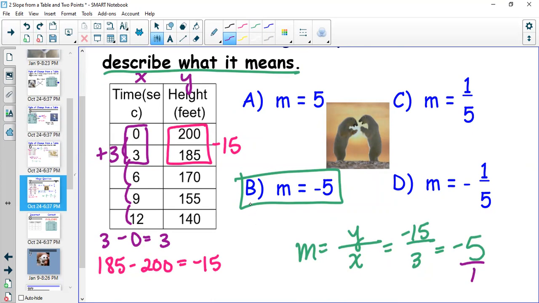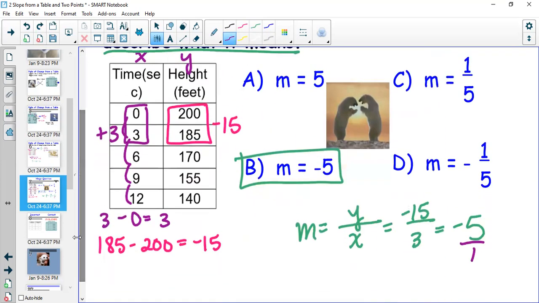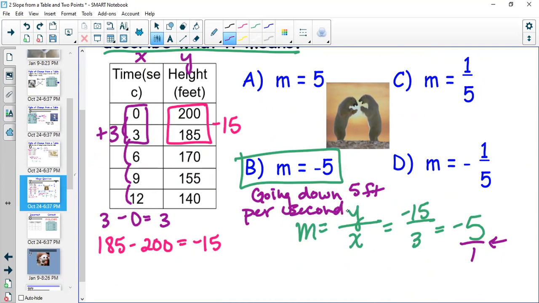It was feet. So it's going down 5 feet. We read a fraction bar with the word per. So going down 5 feet per, and our other unit is second. So per 1 second or per second. And that would be how you would explain what's happening in real life.